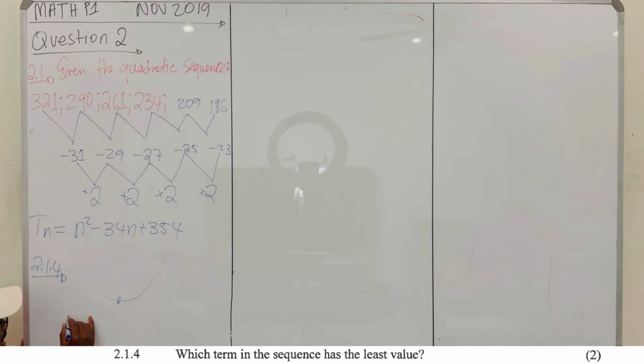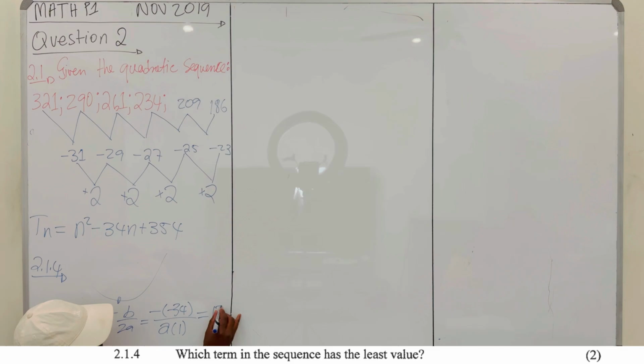Your n at the turning point will be negative b over 2a, which is negative b, what is your b, minus 34, over 2 into 1. Minus minus 34 is going to be 34. Half of 34 should be 17.